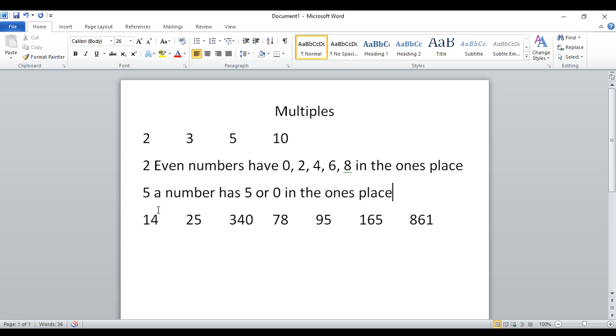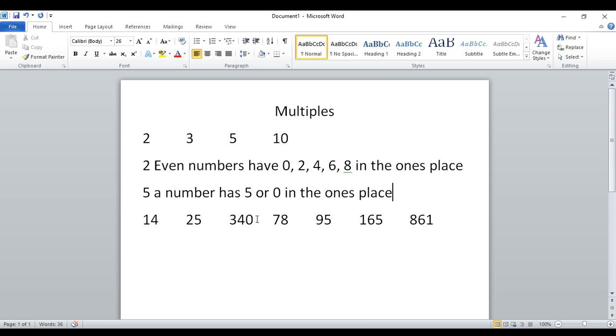So let's look at 14. It's got a 4 in the ones place. We could not break 14 into 5 equal groups. So 14 will not be a multiple of 5. What about 25? It ends with a 5, and we know that 5 times 5 equals 25. So yes, indeed, 25 is a multiple of 5.